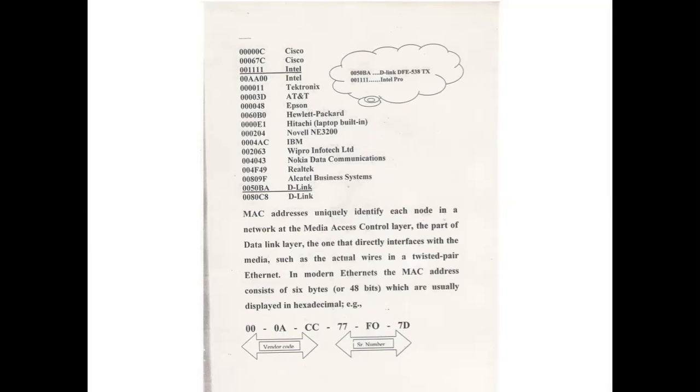It is the one that directly interfaces with the media, such as the actual wires in twisted pair Ethernet. In modern Ethernet, the MAC address consists of 6 bytes or 48 bits, which are usually displayed in hexadecimal format.